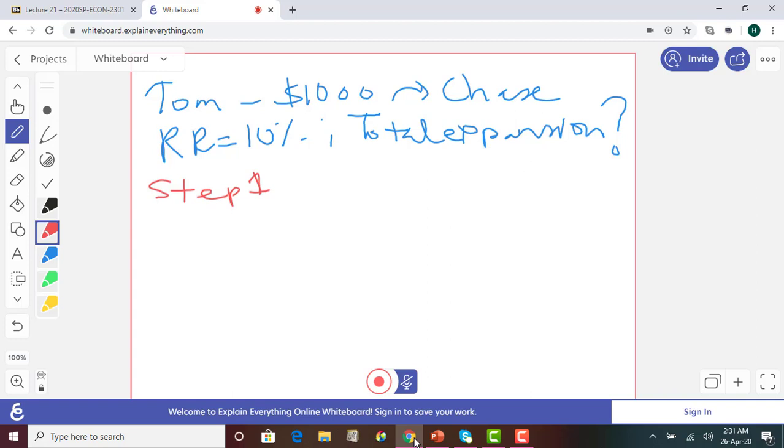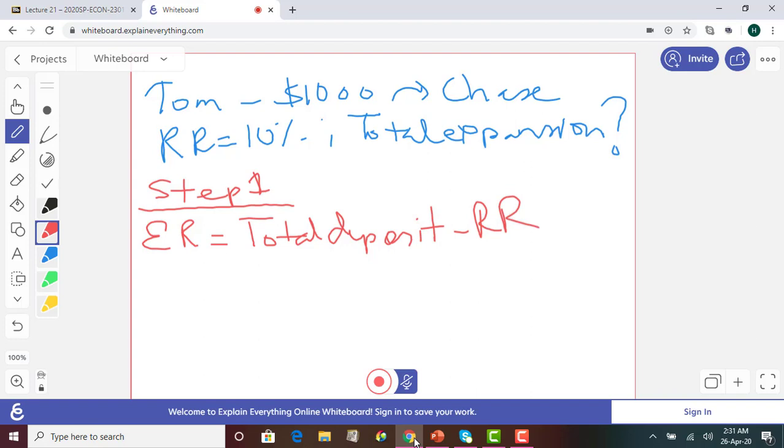So step 1 is to calculate the excess reserve. In order to calculate the excess reserve, we need to find out, in this case the legal reserve is not given, so we will use total deposit minus required reserve amount. So what is the required reserve amount? Out of $1,000, 10% has to be set aside by the Fed. So that means $100 has to be set aside, right?